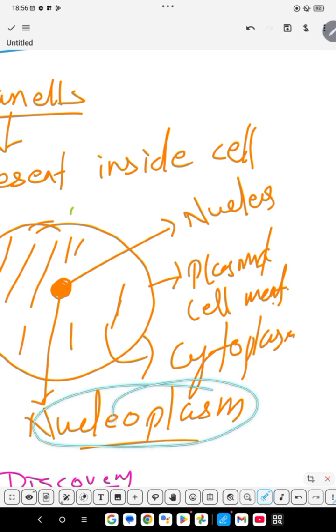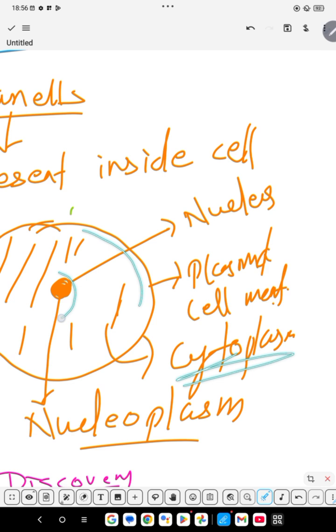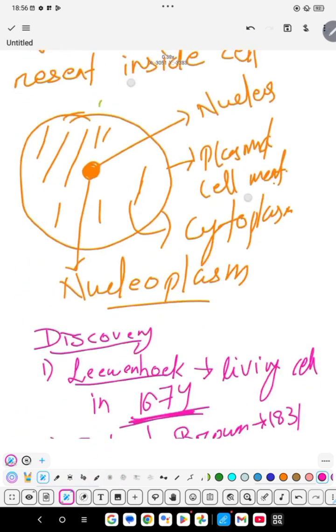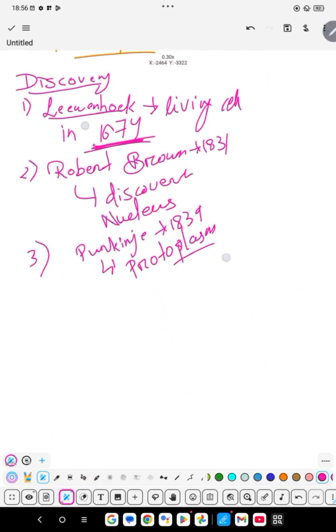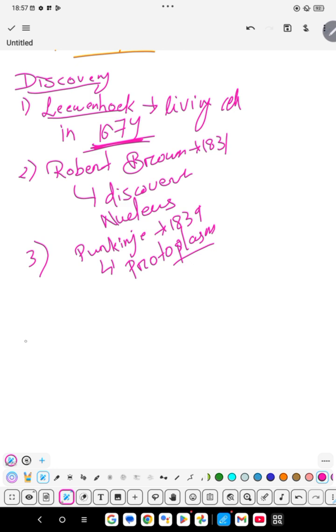Nucleoplasm is what is present inside the nucleus, and cytoplasm is the matrix between the plasma membrane and the nuclear membrane. Okay, and together cytoplasm plus nucleoplasm is called protoplasm. All right.